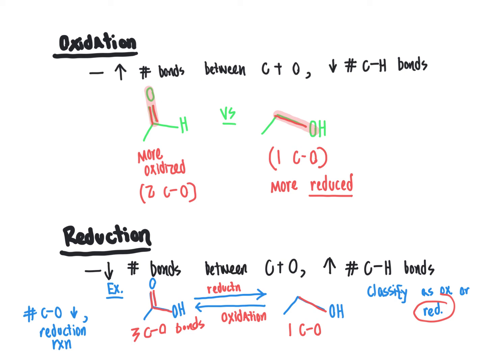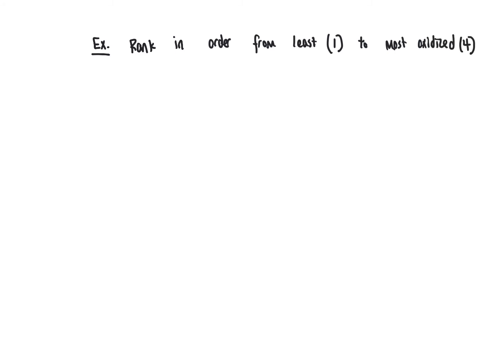Let's do an example problem here where we are asked to classify or rank the following structures in order from least oxidized to most oxidized. So rank in order from least, and we'll put that in as number 1, to most oxidized, and we'll put that in as number 4.